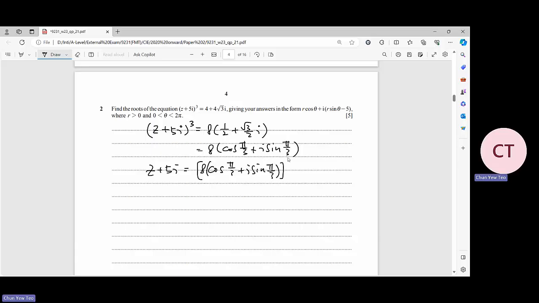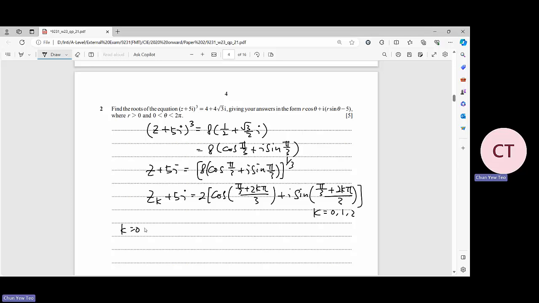For the cube root, now I apply De Moivre's theorem. So I have z_k plus 5i equals 2 times cos of pi over 3 plus 2k pi over 3, plus i sine of pi over 3 plus 2k pi over 3, where k is 0, 1, and then 2.